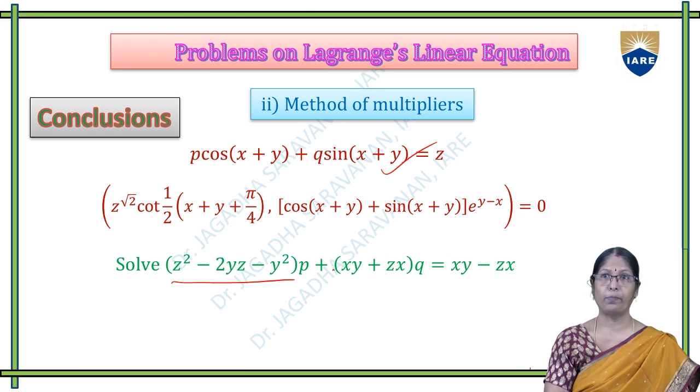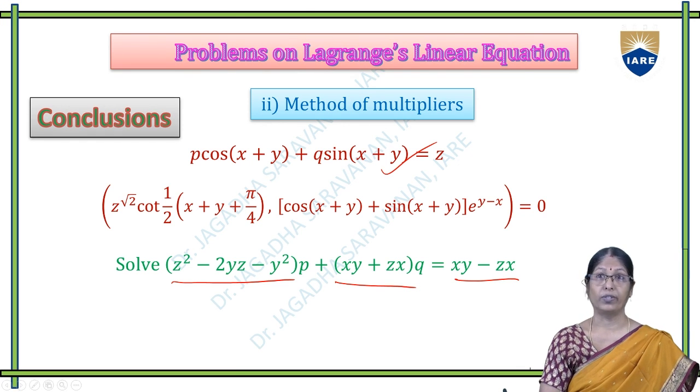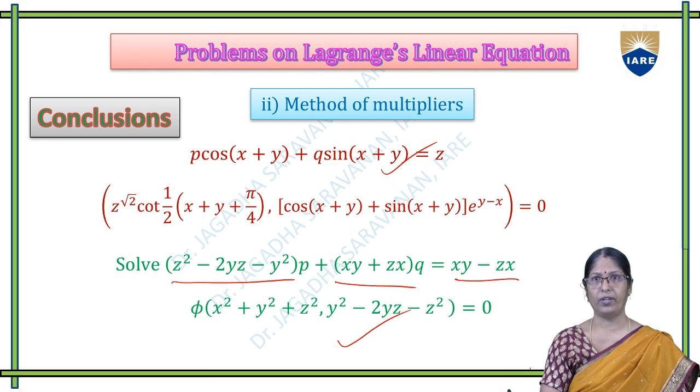We treated these as capital P, capital Q and capital R, and we substituted in Lagrange's auxiliary equations, dx by capital P equal to dy by capital Q, which is equal to dz by capital R, and we did the simplifications, that is method of multipliers, and we completed. The solution we obtained is phi of x square plus y square plus z square, comma, y square minus 2yz minus z square equal to 0.